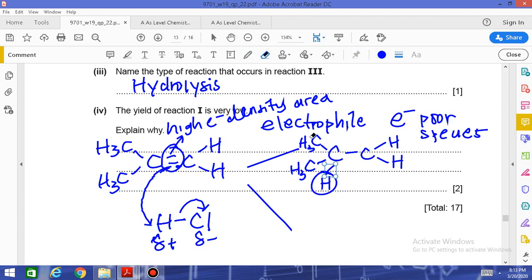Now a carbocation is produced. It's not a double bond anymore because one electron pair is donated to the hydrogen electrophile. Carbon must have four covalent bonds, but it only has three. It lacks an electron pair, so a carbocation is produced. Now there is a chloride ion.